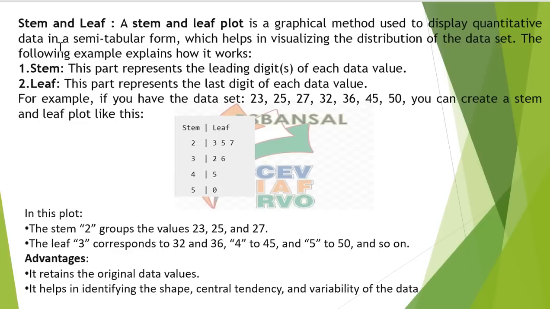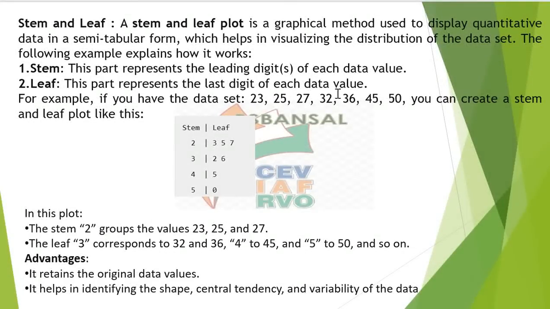Next is stem and leaf. A stem and leaf plot is a graphical method used to display quantitative data in semi-tabular form. There are two parts in it: one part is the stem and the second part is the leaf. The stem represents the leading digits of each data value, and the leaf represents the last digit of each data value.